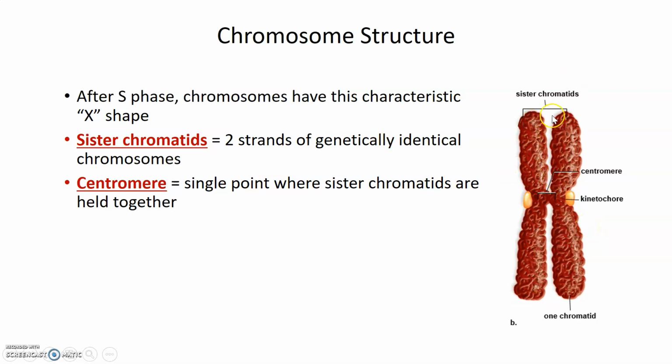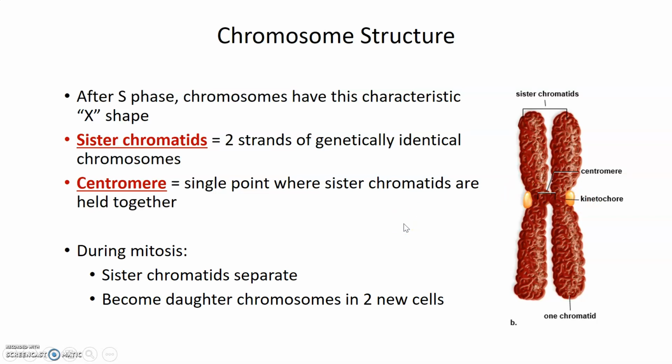It's a set of two sister chromatids, one half of the X and the other, which are two strands of genetically identical DNA, right? The one on the left is identical to the one on the right because it's been produced during S phase when the DNA was replicated. And the two sister chromatids of a chromosome are held together at the center by a structure called the centromere. So two chromatids making one chromosome held together by the centromere.